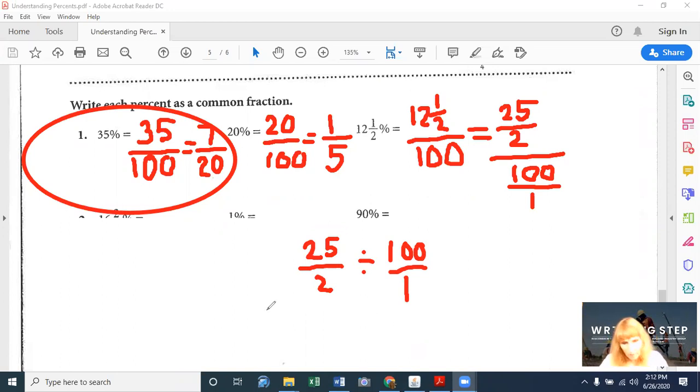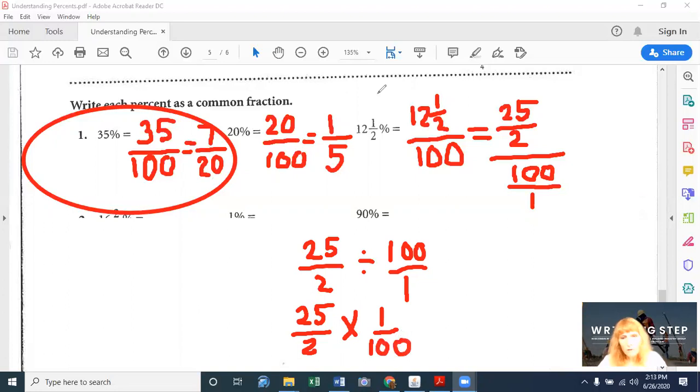So I keep the first fraction, 25 over 2, I change the division sign to multiplication. And the flip part is I flip the second fraction to put the 1 on top and the 100 on the bottom.